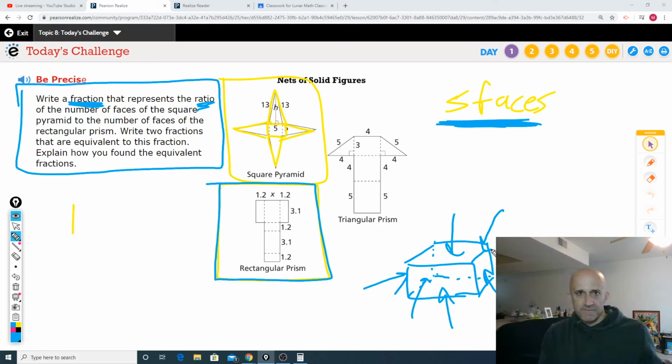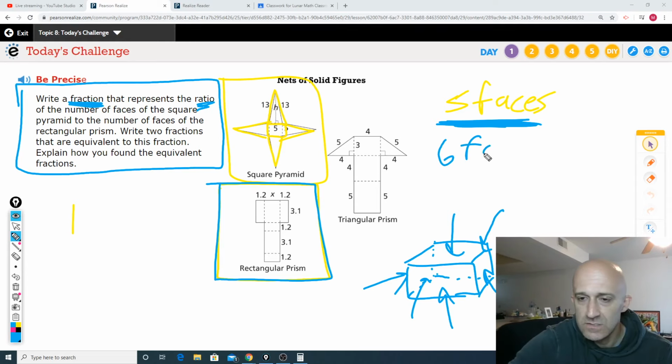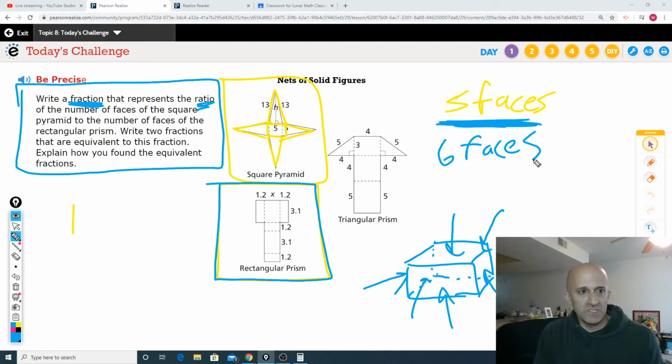So the rectangular prism has 6 faces. So what is the fraction that represents the ratio of the number of faces of the square pyramid to the number of faces of the rectangular prism?